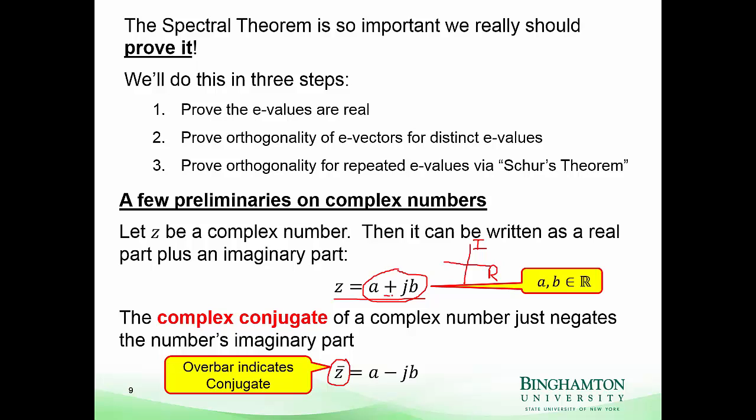So if I wrote it as plus JB, I now write it as minus JB. It doesn't matter whether B itself is positive or negative. The act of putting minus here instead of plus will negate the imaginary part. So that's all we really need to know and feel comfortable about.